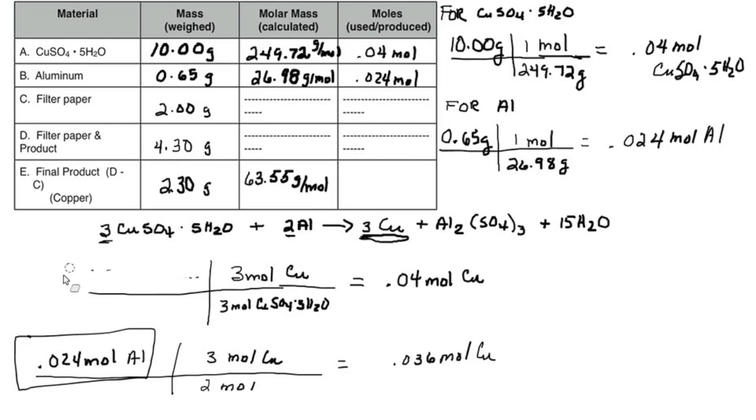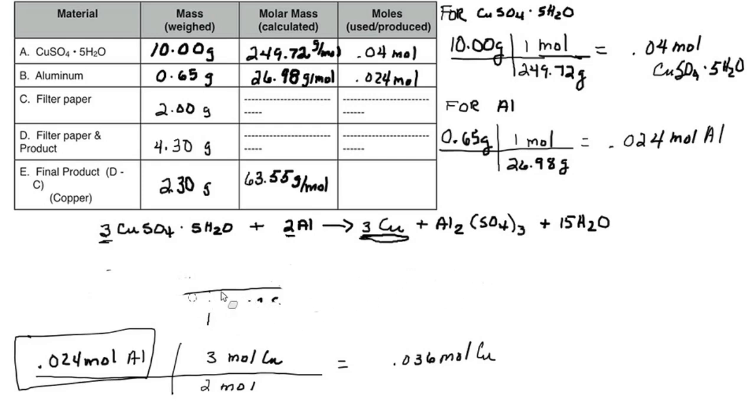Out of sight, out of mind, because we don't need it anymore. We only need the limiting reactant. So we started with this much aluminum, and this is how many moles of copper we should have made.